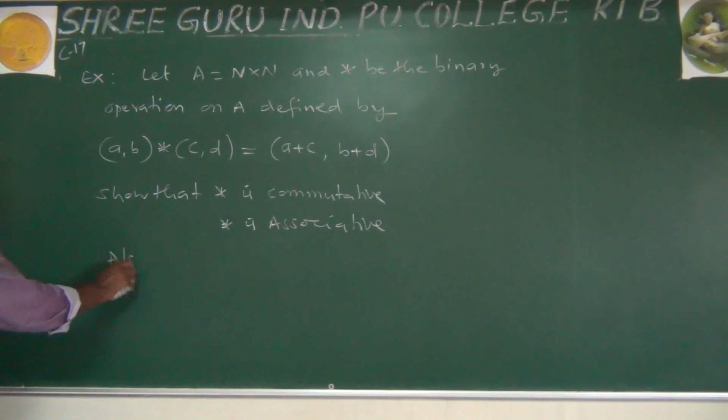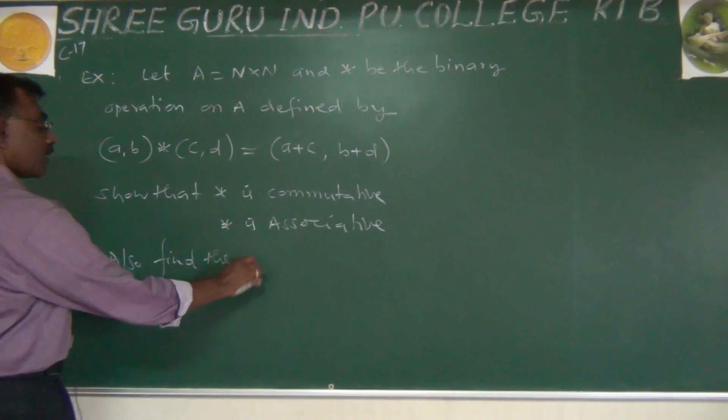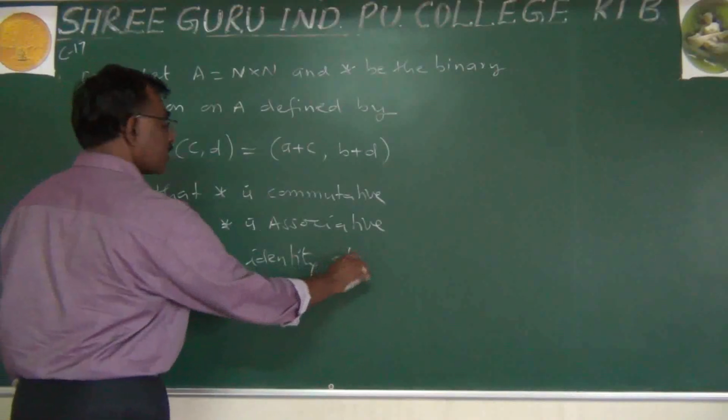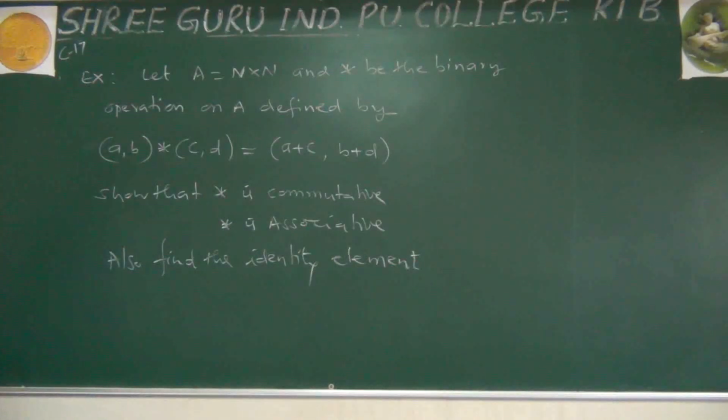Also find the identity element for star on A, if it exists.